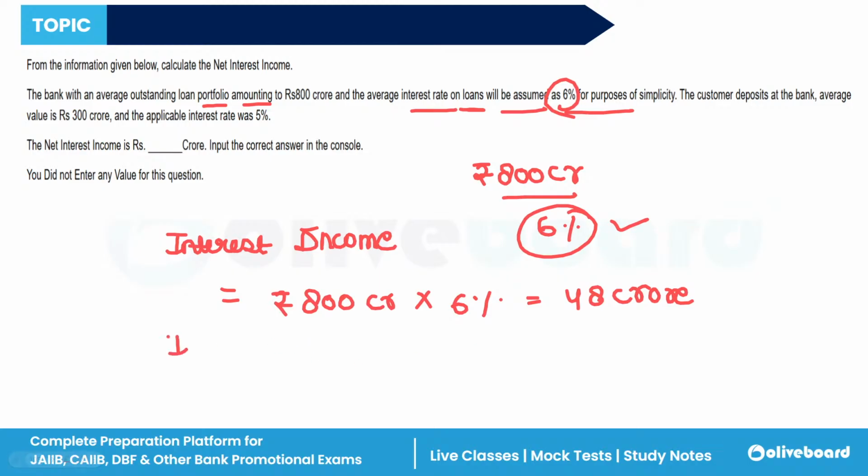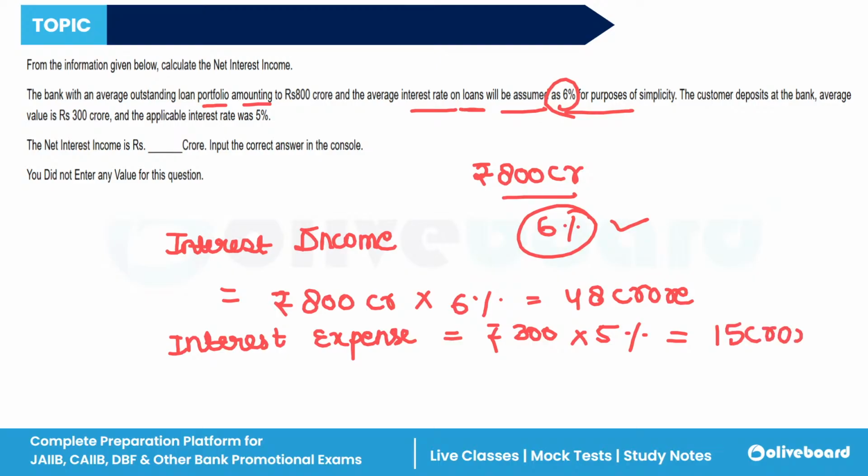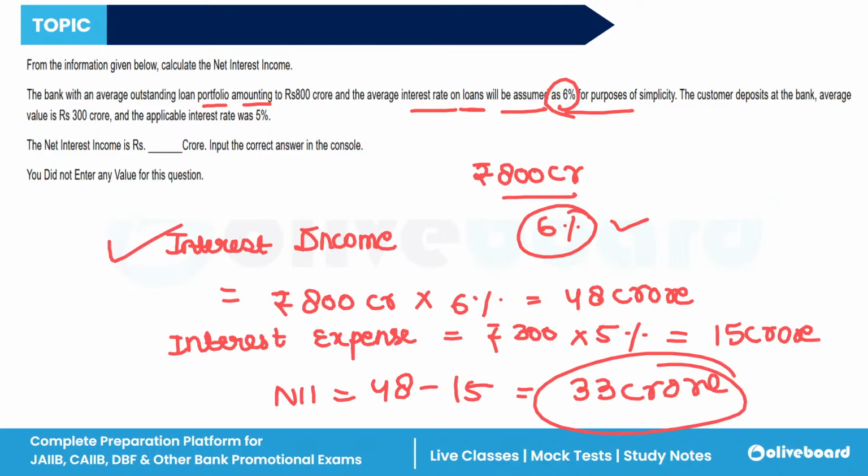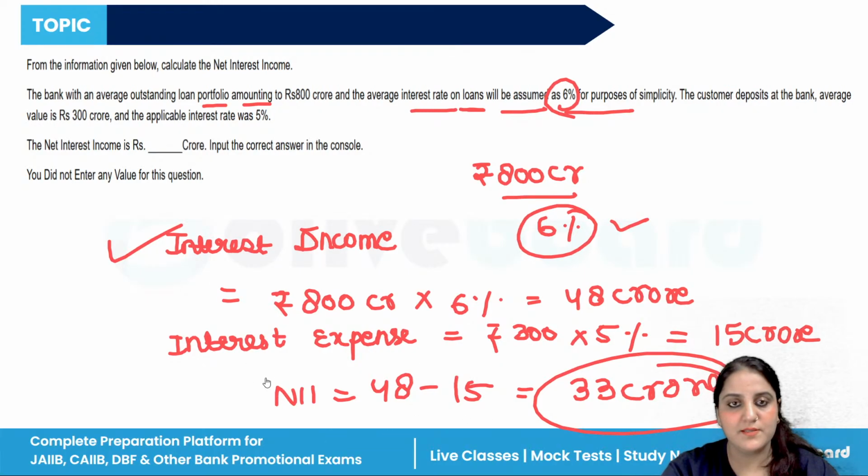Same interest expense, which is equals to rupees 300 crore multiplied by 5%, that is equals to 15 crore. And NII formula is deduct the expense from the income. So 48 crore minus 15 crore is equals to 33 crore. This is the answer here. Clear? Got it? What is the formula of NII?